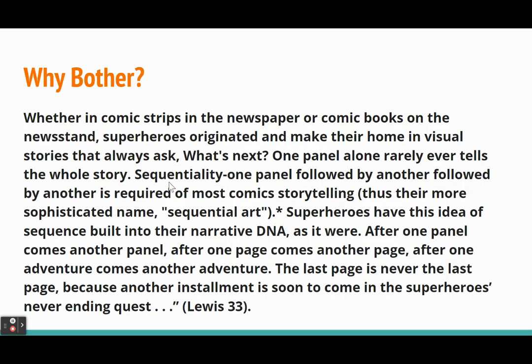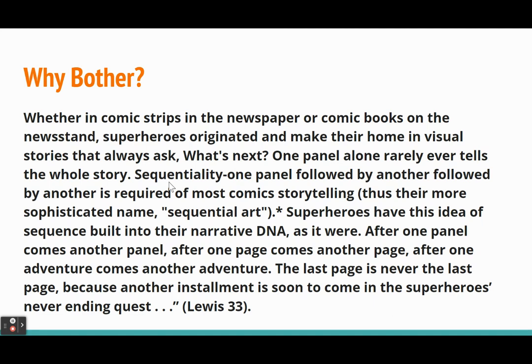I've told you before and I'll keep repeating. I try to tell people, why bother? And I think for comics and I think for superheroes, the idea of time matters. One panel doesn't tell the whole story. Superheroes have an idea of sequence built into their stories. After one panel comes another, after one page comes another, after one book comes another, after one story arc comes another.